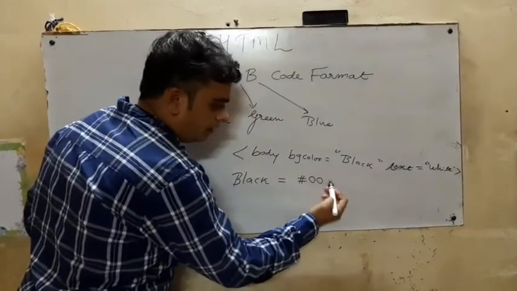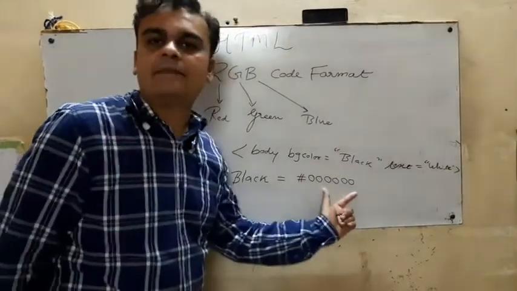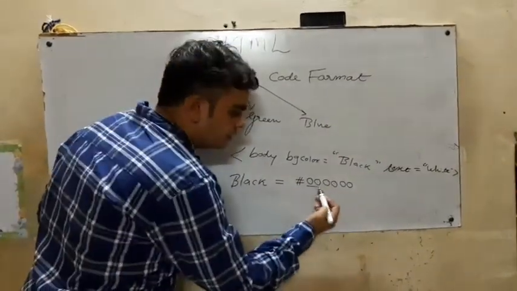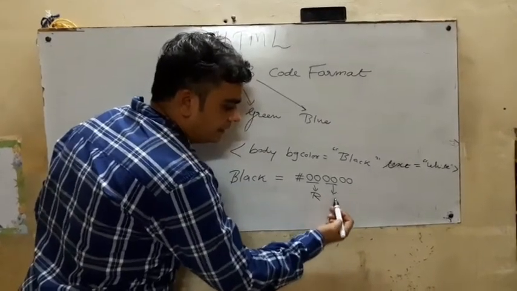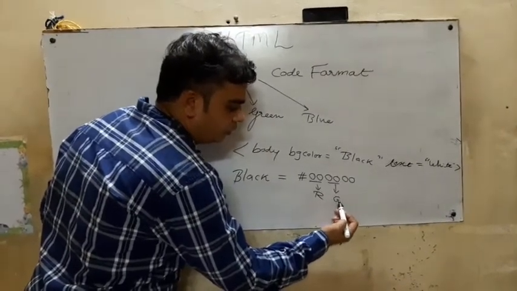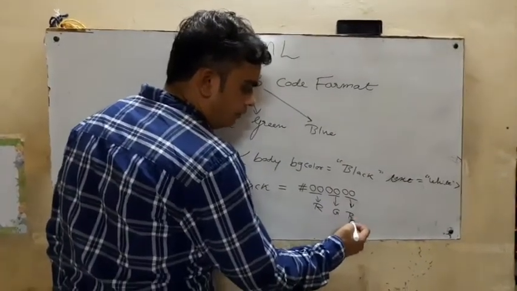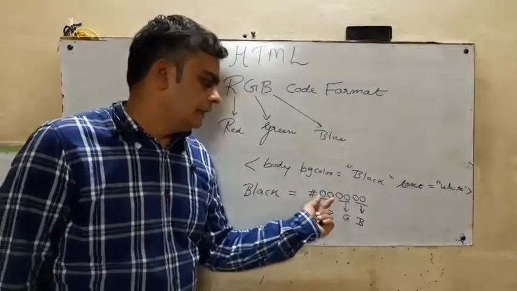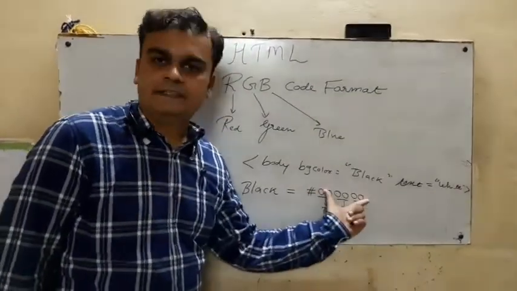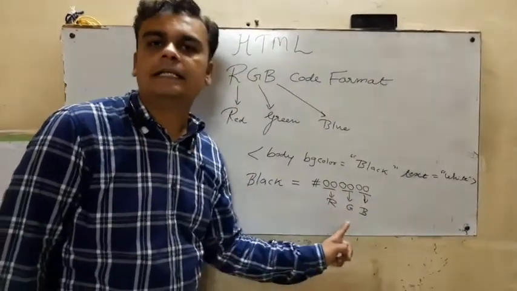The color code for black is 000000, means 6 times 0. Out of this, the first 2 digits represent the value of red color, the second 2 represent the value of green color, and the last 2 digits represent the value of blue color. So every color consists of 6 digits, and all these 6 digits are the combination of red, green and blue.